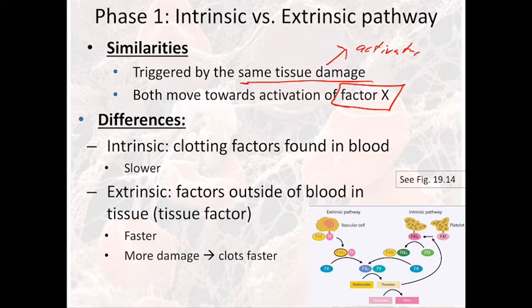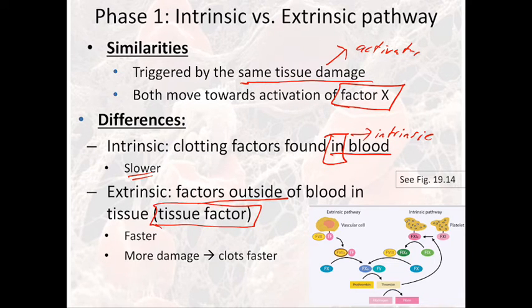Now for the differences between the intrinsic and extrinsic pathway. In the intrinsic pathway, all of the clotting factors that are needed are found in the blood, so that's why it's called intrinsic. And this one is much slower. In the extrinsic pathway, some of the factors are found outside of the blood, mainly one called tissue factor.